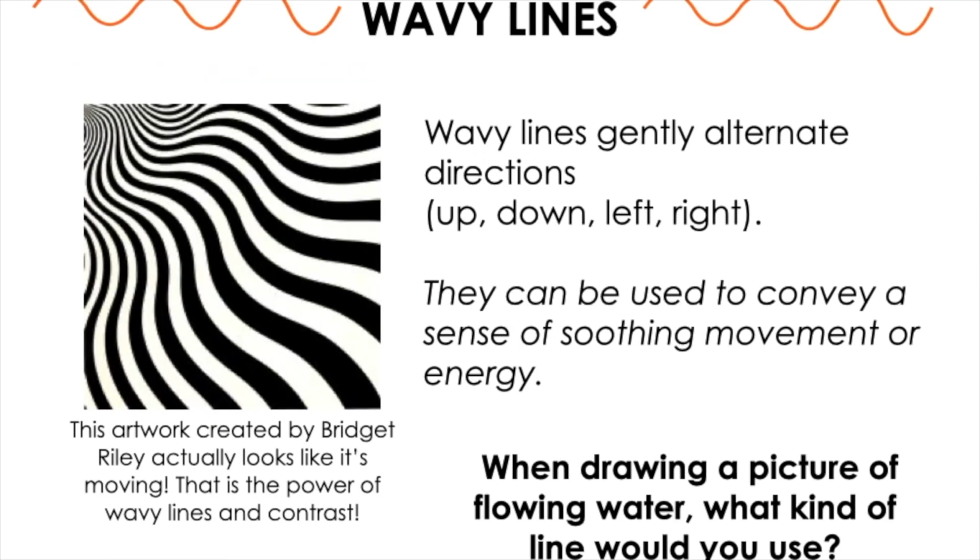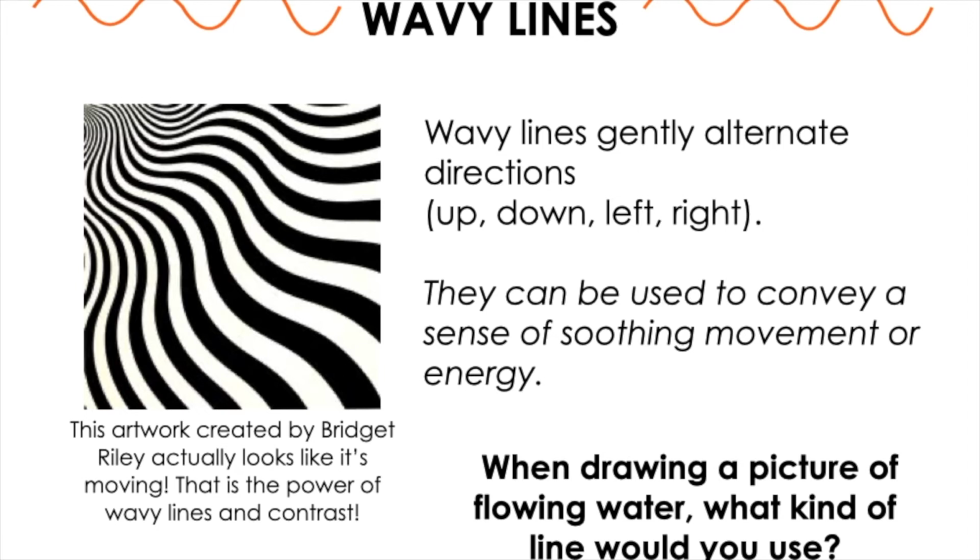The next expressive line we're going to talk about are wavy lines. Wavy lines gently alternate directions. They can be used to convey a sense of soothing movement or energy. That might be something you would write down. They are used to convey a sense of soothing movement or energy.